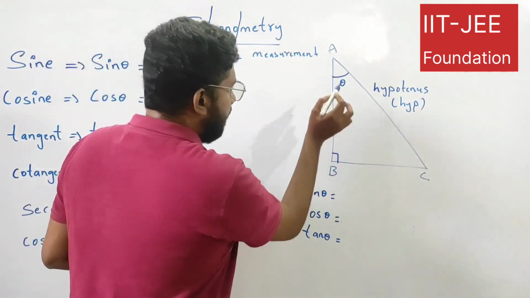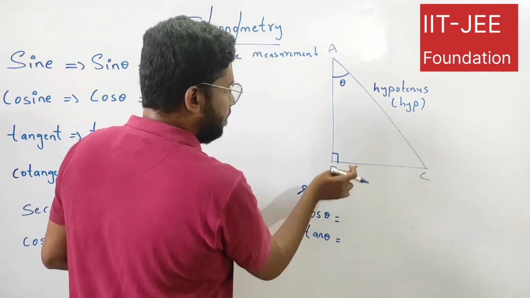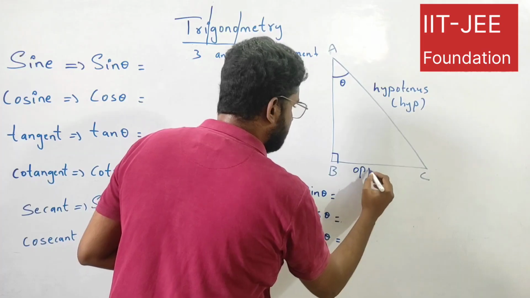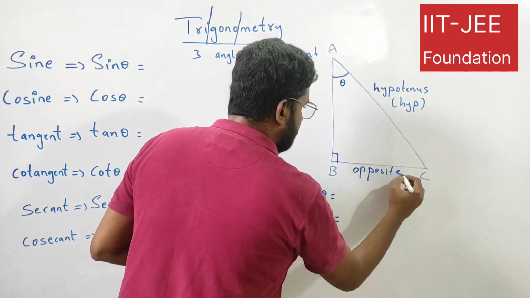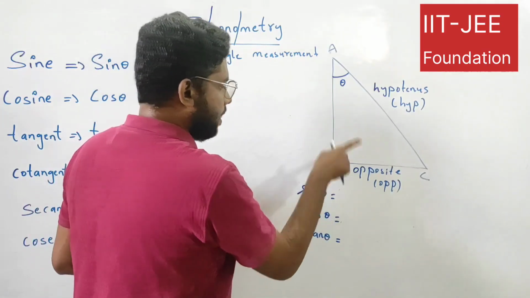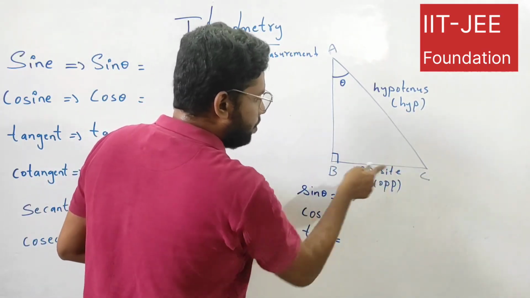Now the side opposite to the angle, which side? That is the BC side, which is opposite to the angle, and is considered to be the opposite side, called OPP. Remember one thing, the side which is opposite to the angle is called the opposite side.